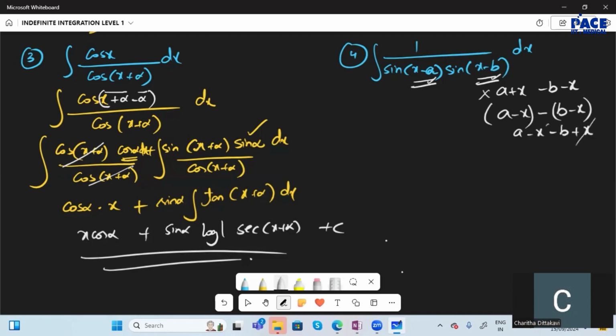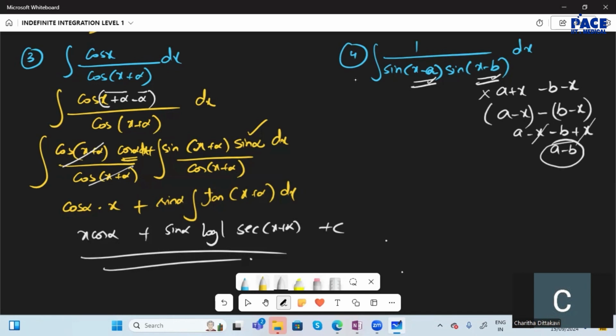So now these both are getting cancelled and you got a minus b here. Understand? So what I am trying to do is a minus x and b minus x. When I am subtracting these both, I am getting it this way. Because when I'm just taking x minus a and x minus b, I cannot end up with that, isn't it? So what did I take? a minus x minus b minus x is what I took.